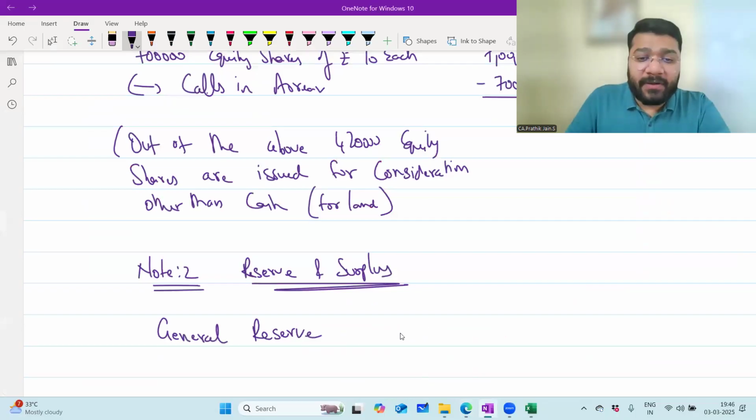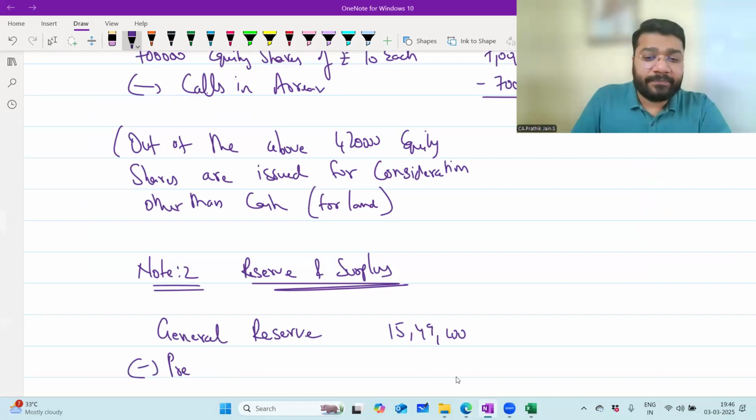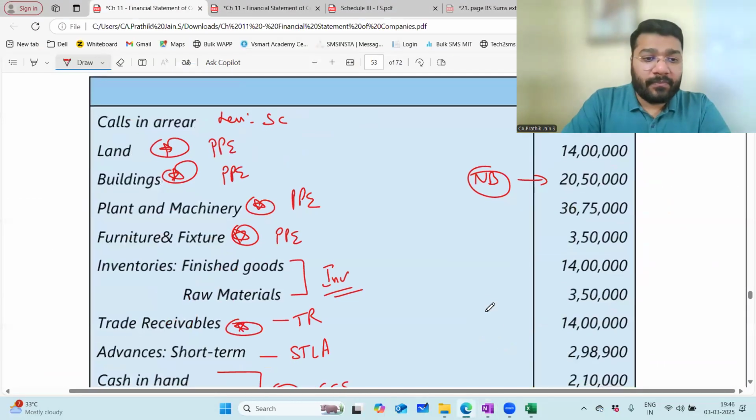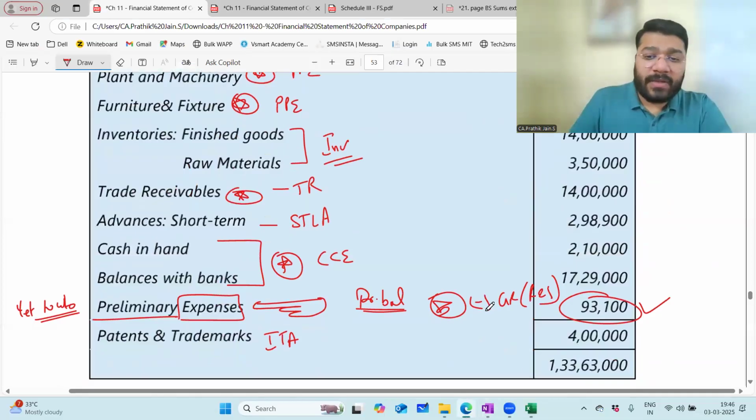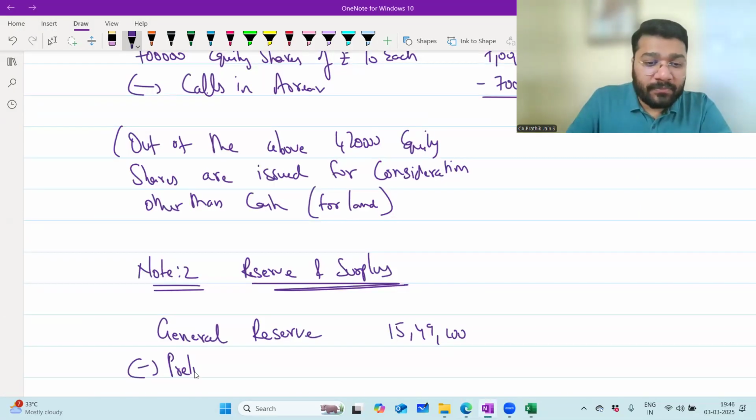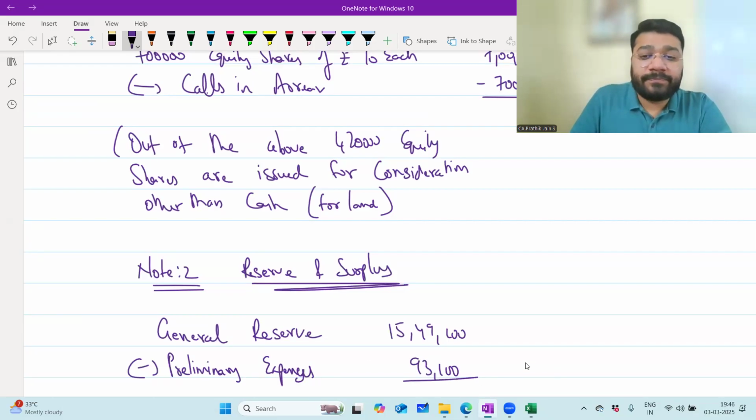You have to minus preliminary expenses 93,100. How much? 14 lakh 56,000.